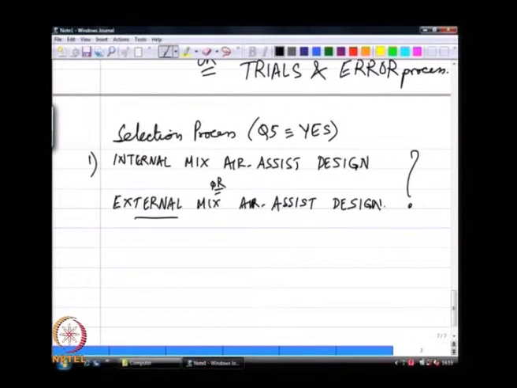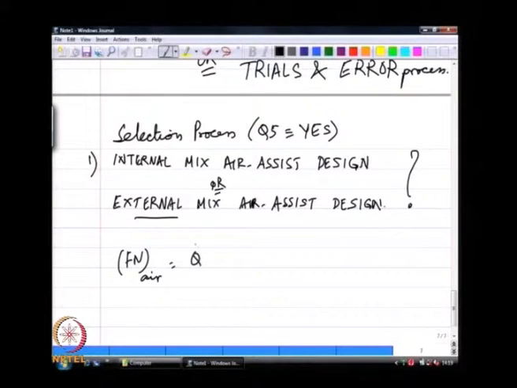Now, once you have narrowed down on the external mix air assist design, the selection catalog usually gives you a flow number for the air side. So, what flow rate of air? Flow rate divided by square root of delta P across the air passage.